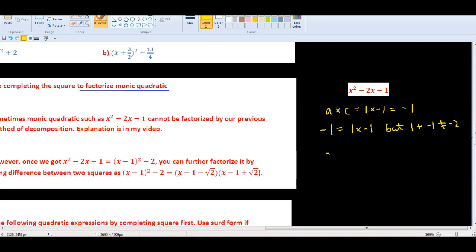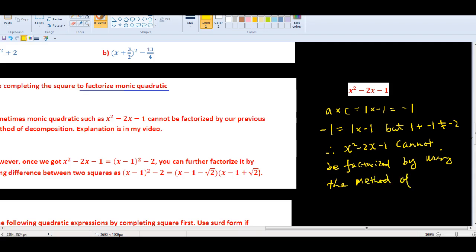So that means this expression cannot be factorized by using the method learned before. That method is called the method of decomposing.